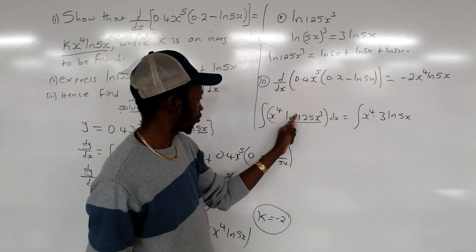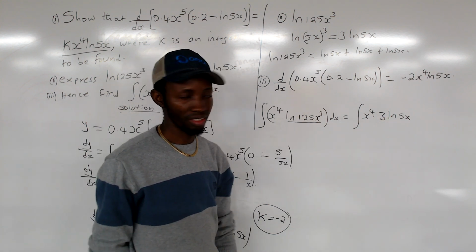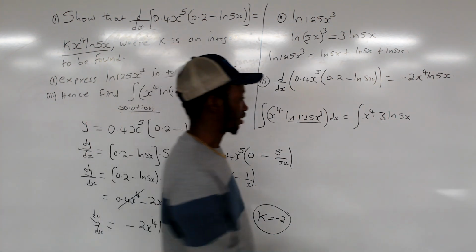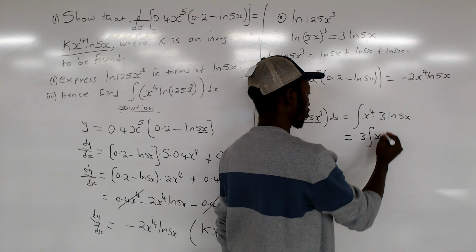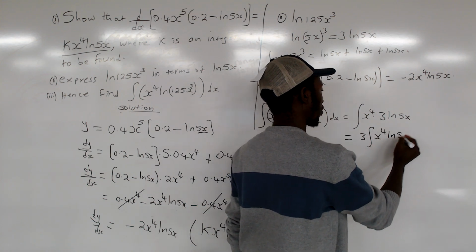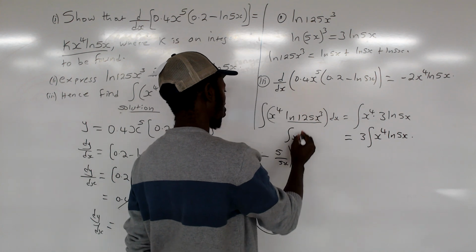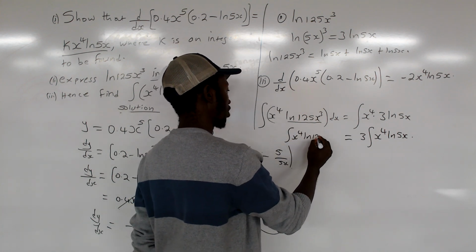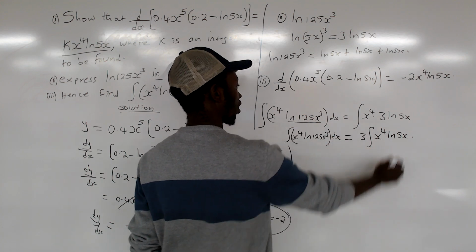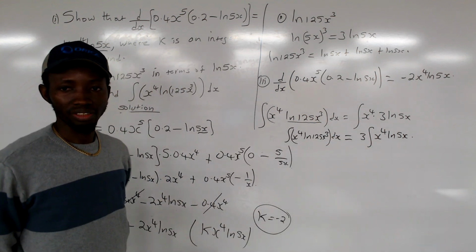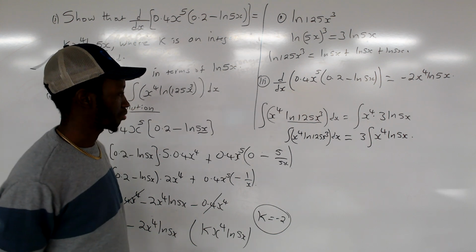So instead of writing this, we rewrite it as 3 ln 5x, which can as well be written as 3 times the integral of x to the power 4 ln 5x. So this integral of x^4 ln 125x to the power 3 dx is equal to this. We take our time to get the original expression.